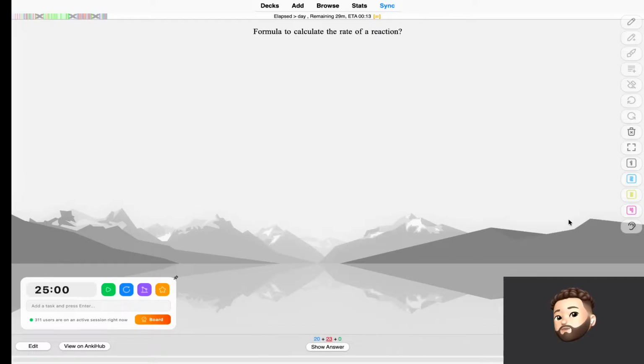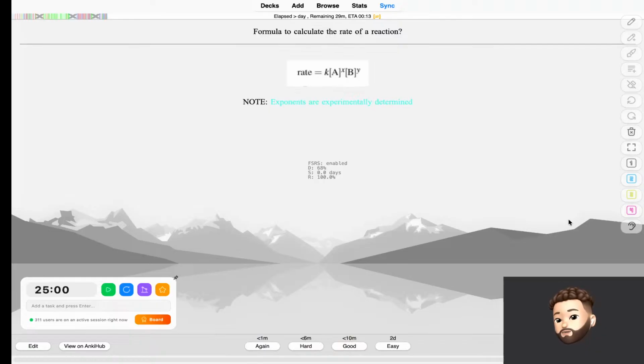Damn. The rate is equal to K times the concentration of A to the power of something times the concentration of B to the power of something. And the exponents are experimentally determined.